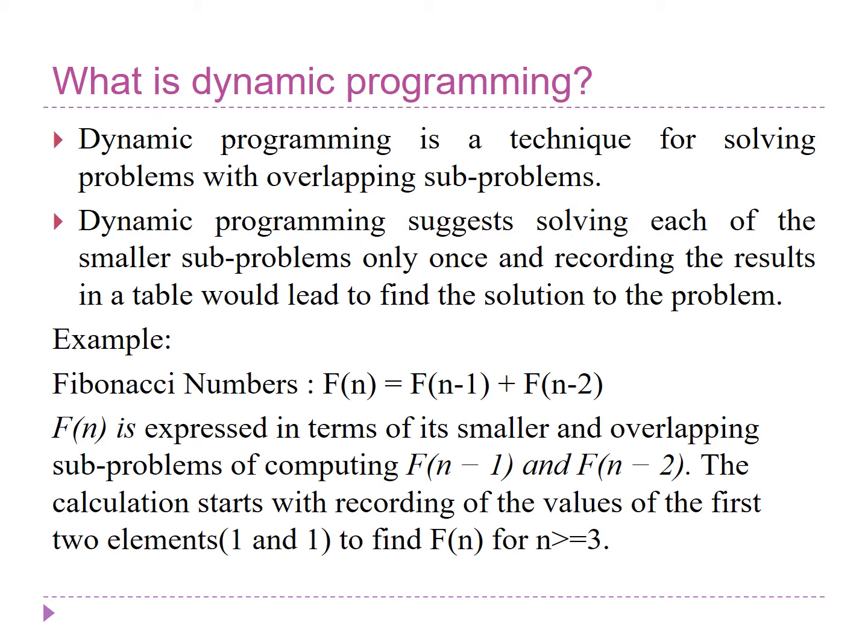The calculation of Fibonacci numbers proceeds with the record of the values of the last 2 elements in the Fibonacci sequence to find f of n for n greater than or equal to 3.